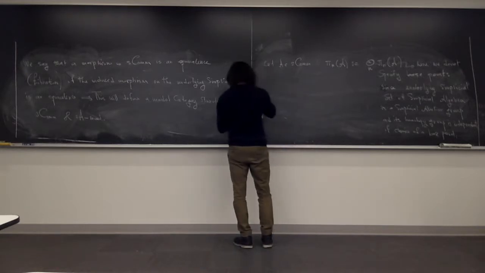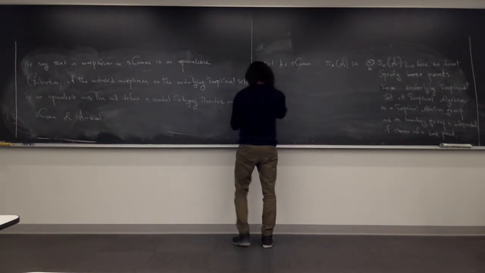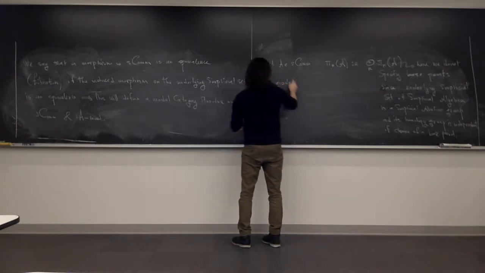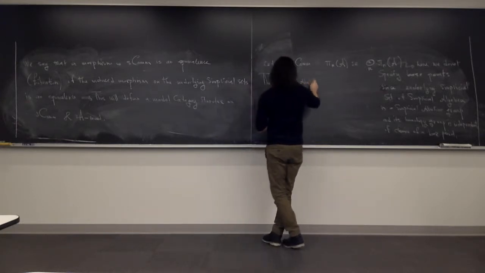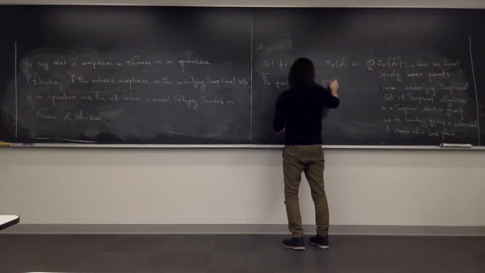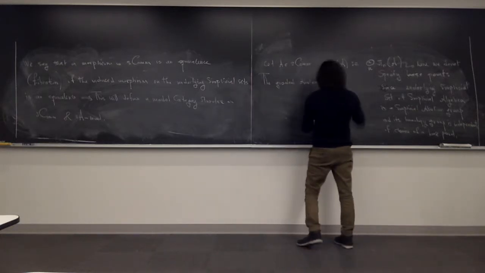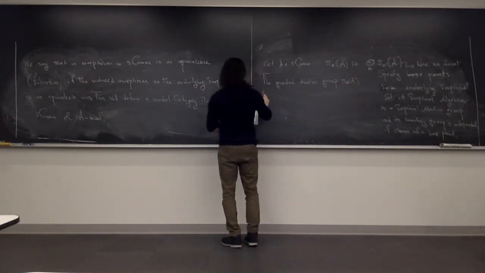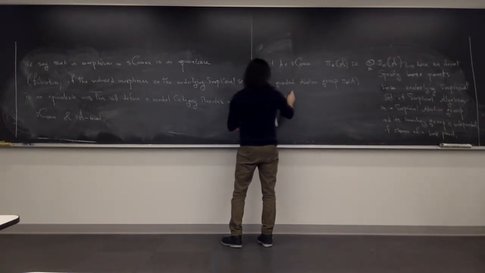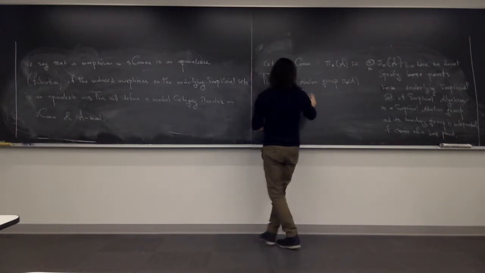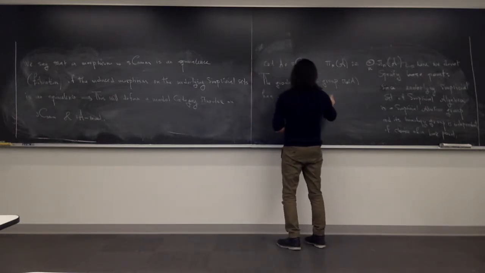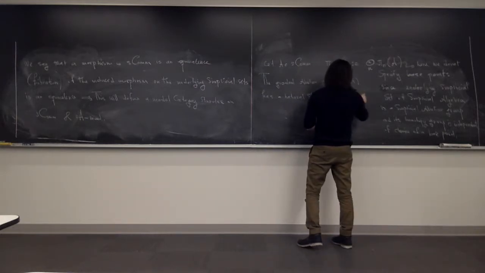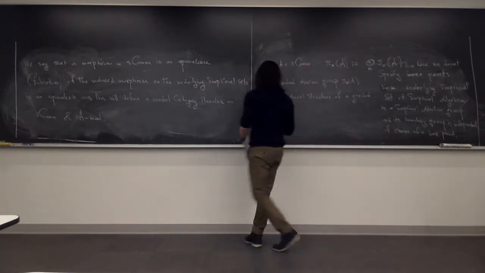So now, what can I say about this graded thing? So the graded abelian group pi lower star of A has a natural structure of a graded commutative algebra.